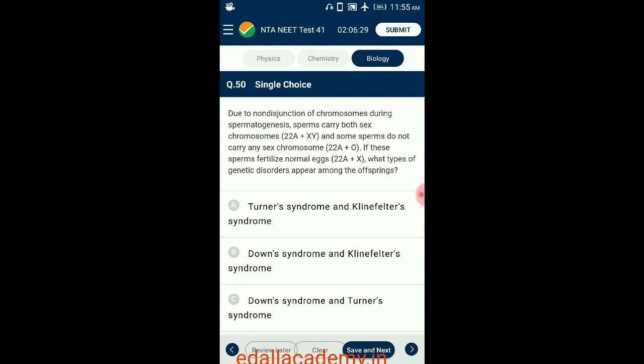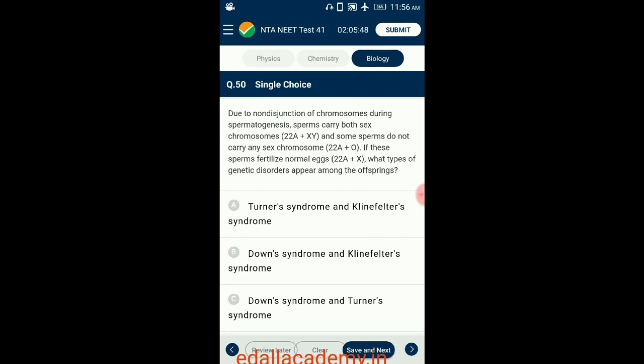It is formed by the union of an abnormal 0 egg and a normal sperm, or a normal egg and an abnormal 0 sperm. The individual has 2n equal to 45 chromosomes, 44 autosomes and 1 allosome, the X chromosome, instead of 46 chromosomes. Such individuals are sterile females who have rudimentary ovaries, underdeveloped breasts, small uterus, fluffy fingers, short stature, less than 5 feet. There is webbed neck, abnormal intelligence, cardiovascular abnormalities, and hearing impairments.